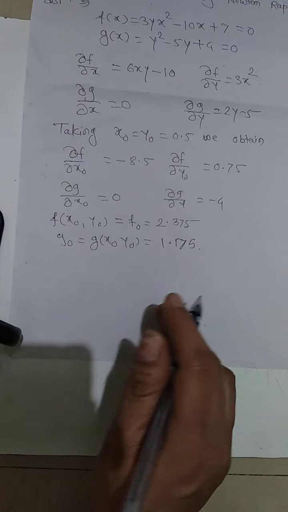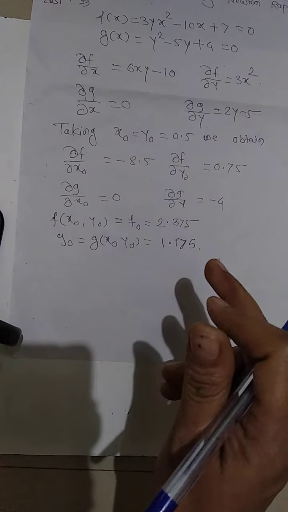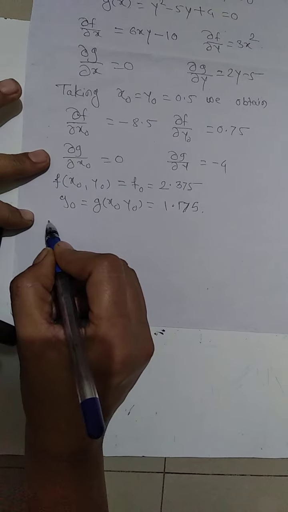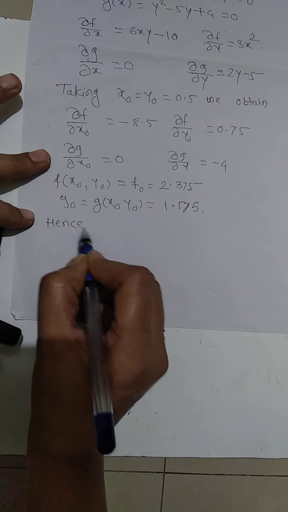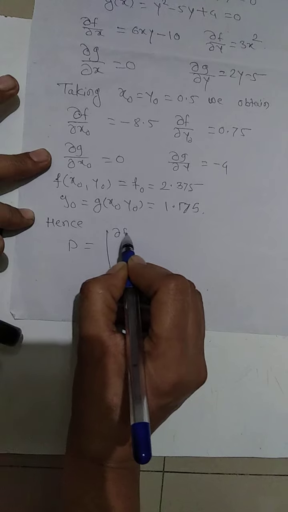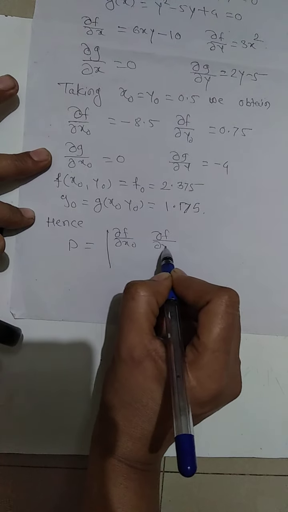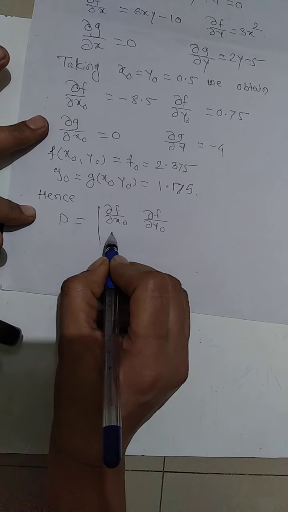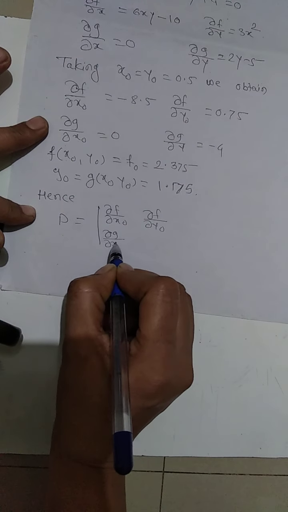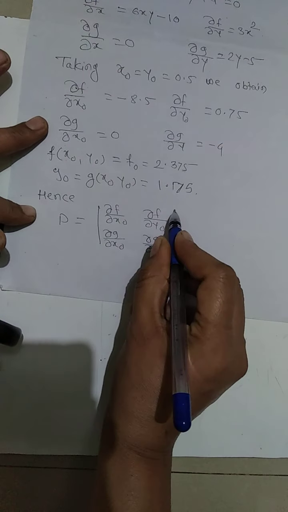Putting the value of x0 and y0 in above equation f of x and g of x, then we get this value. Hence, then find d. D is equal to, we know, mod of del f upon del x0, del f upon del y0, and del g upon del x0, and del g upon del y0.